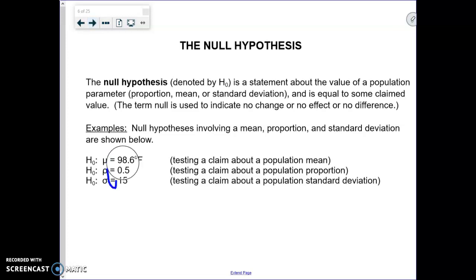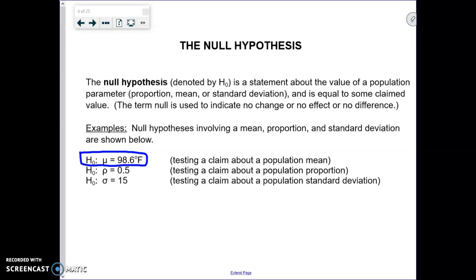We're assuming, regardless of the statements being made, that, for instance, the population mean is equal to 98.6 degrees Fahrenheit. Even if we think it's not, the null hypothesis will always have equal in it. Okay? That's it, period. End of story on that.